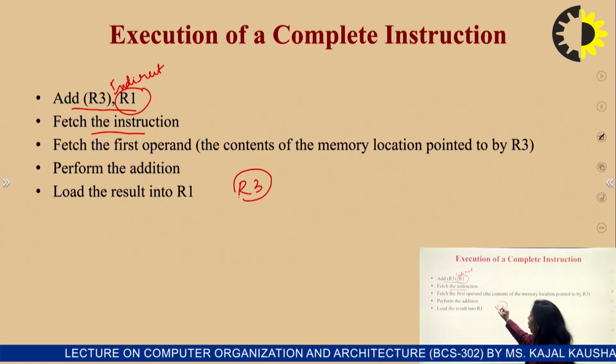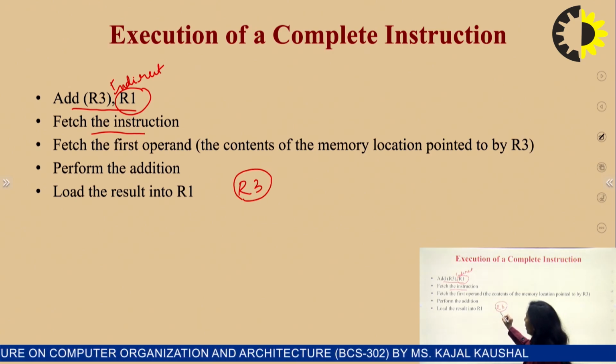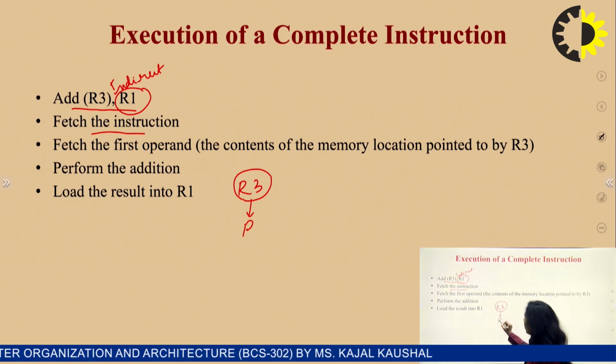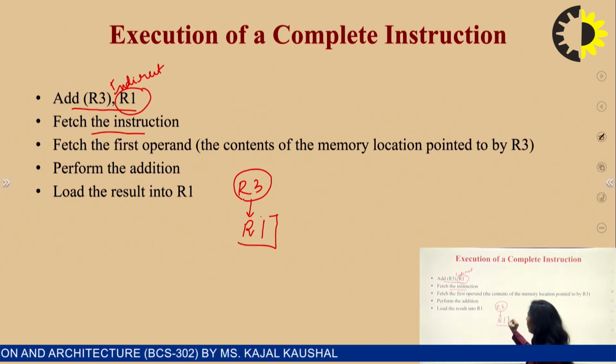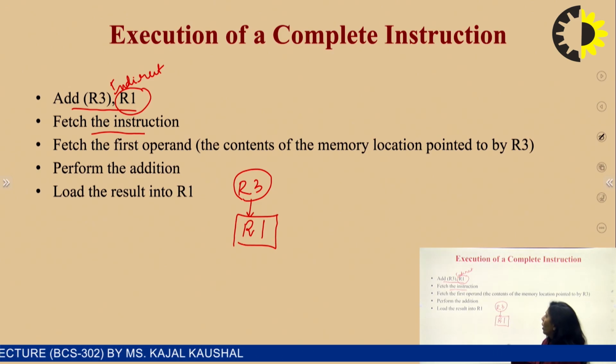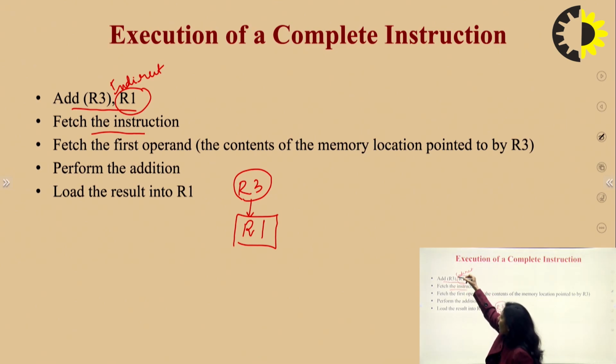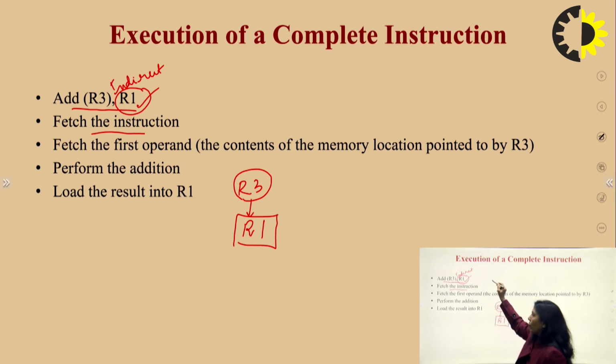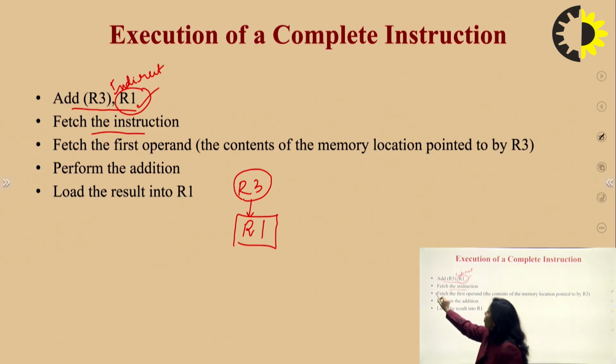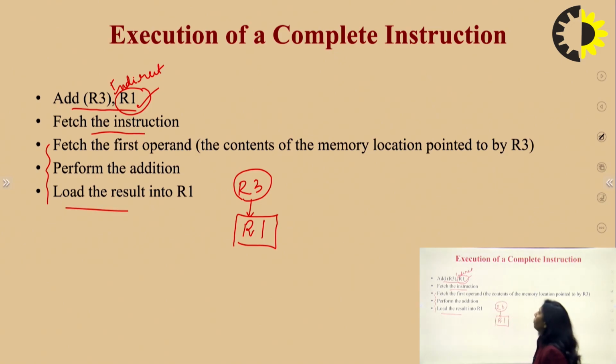Okay. Or we can also say that this value can be stored into R1 finally. Okay. So we can start from the left hand side. That means to the value of R3, add the value of R1 and store that value in R1 itself. Okay. This is the way it's being written.